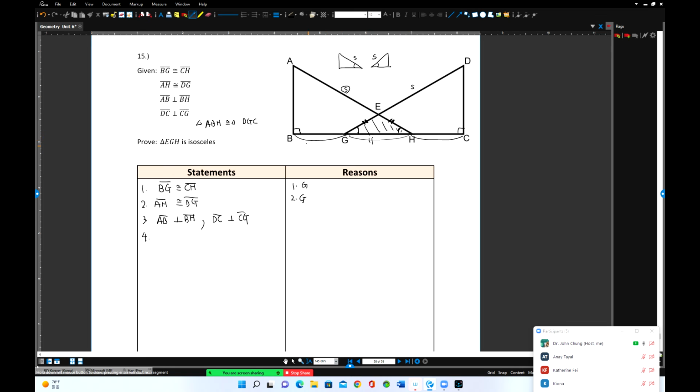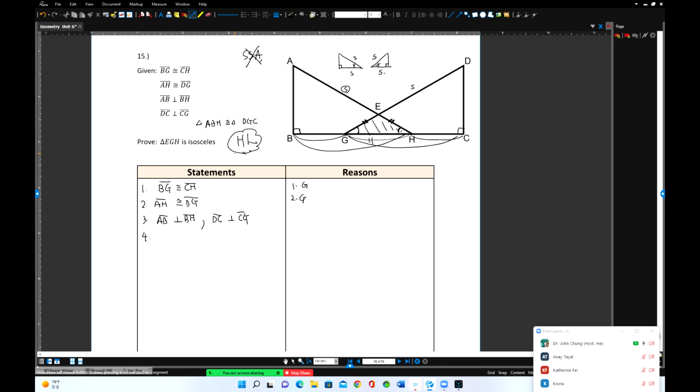Using addition, you can say these two sides are congruent. But this angle is not given. Angle, side, angle is not working, but these two triangles are right triangles, that means we have to go HL.